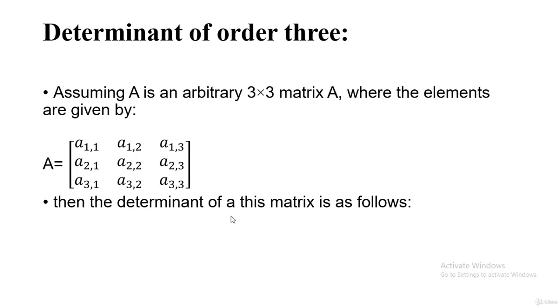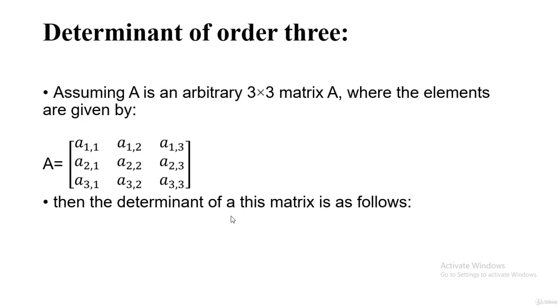When we are solving a 3 by 3 matrix, as we have seen earlier, the determinant of 2 by 2 is very easy, right? So we're going to break this 3 by 3 matrix into 2 by 2 matrices first, and then we'll calculate the determinant.